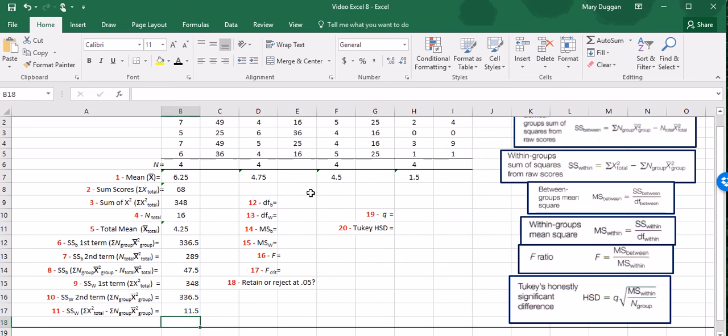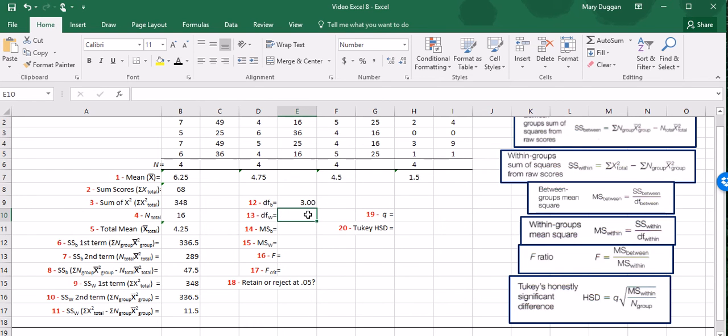For between sums of squares, the degrees of freedom is equal to k minus 1, where k is the number of categories or groups. In this case, we have 4 groups, so I'm going to just simply equal 4 minus 1, k minus 1, and our degrees of freedom for between groups is 3.